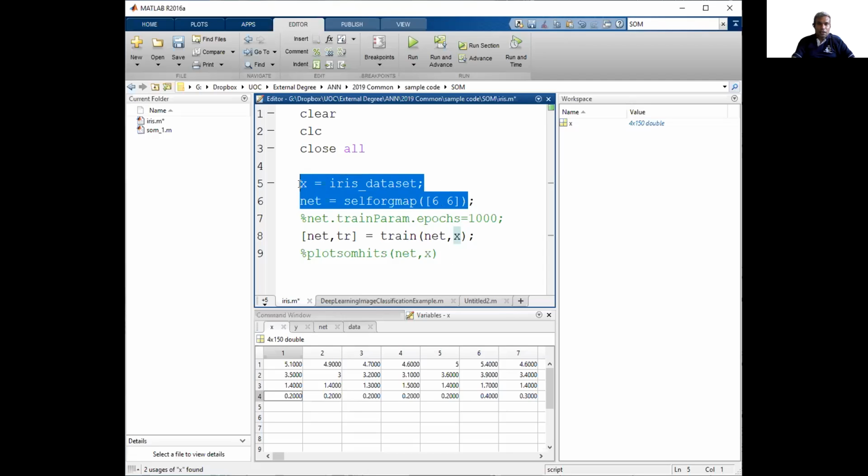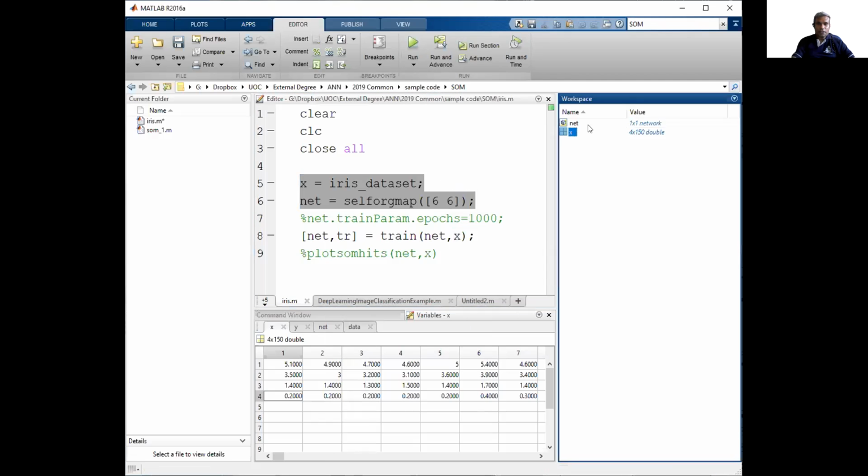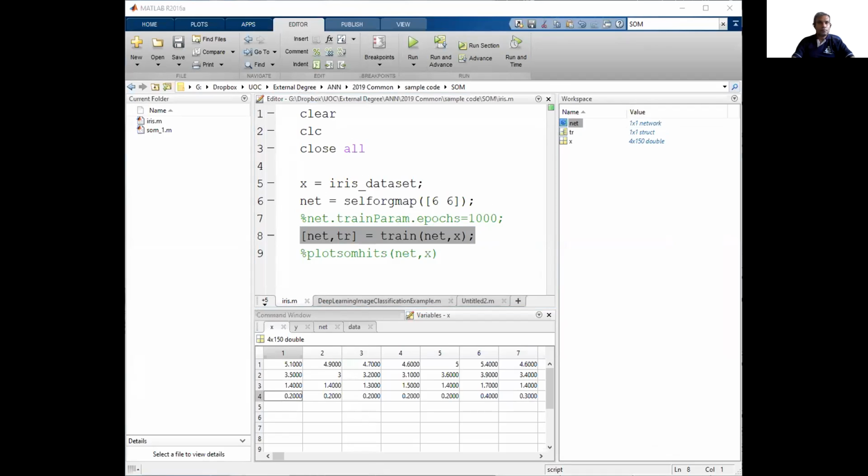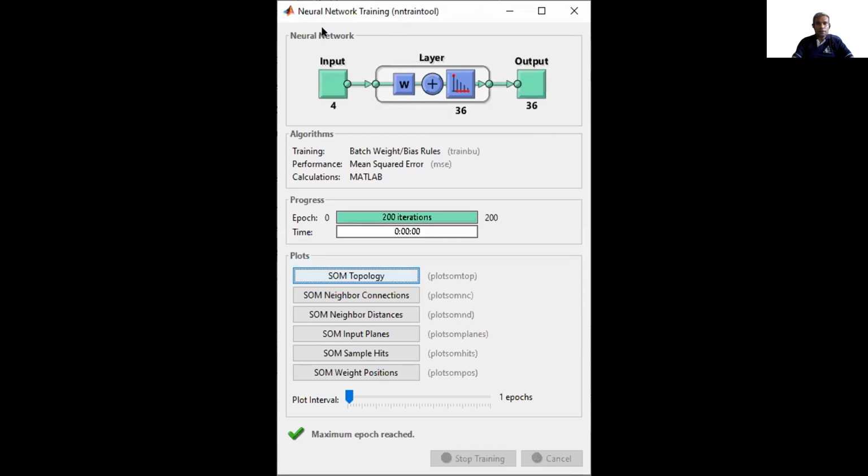Let me first run only the first two lines so we can see the attribute. You can see the neural network appearing. So this is the network. Now, if you run the train command, you will notice this train window, quite similar to the feed-forward neural network.